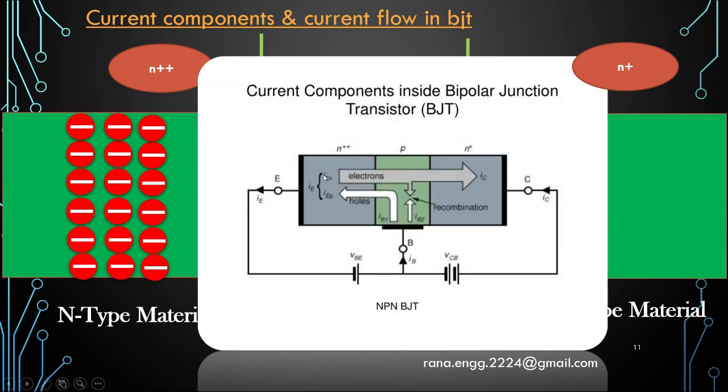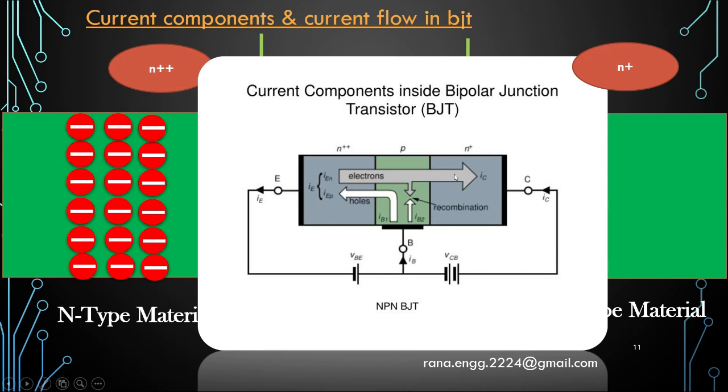Here I stands for current, E stands for emitter side, N stands for electron. You have higher values of electrons, they flow like this, and IEP stands for current in the E type due to holes. This is due to minority holes. The total IE current is the combination of IEN plus IEP.